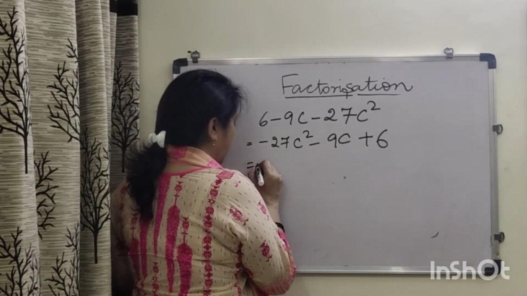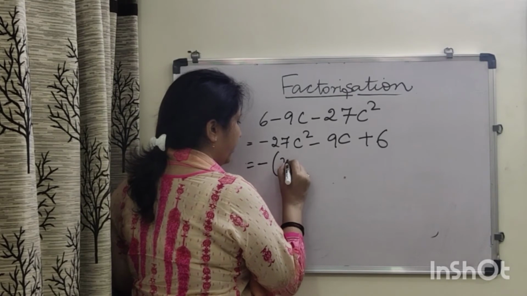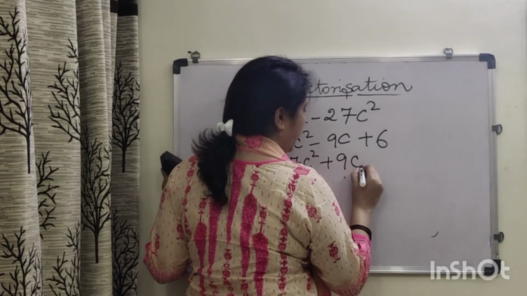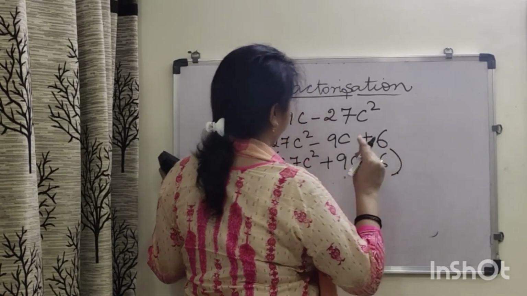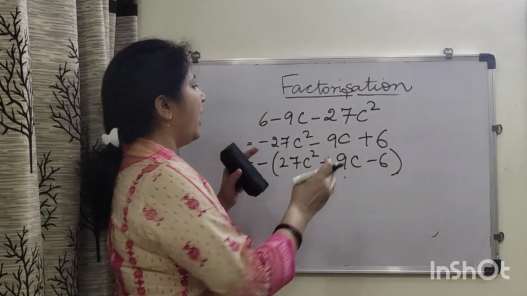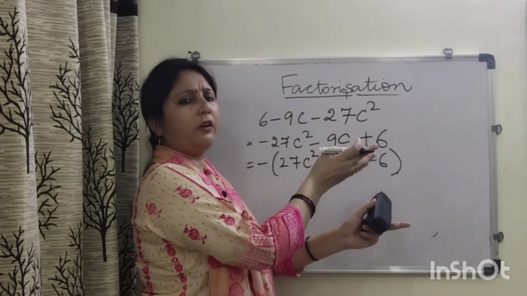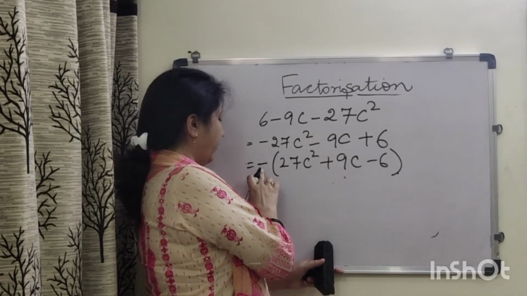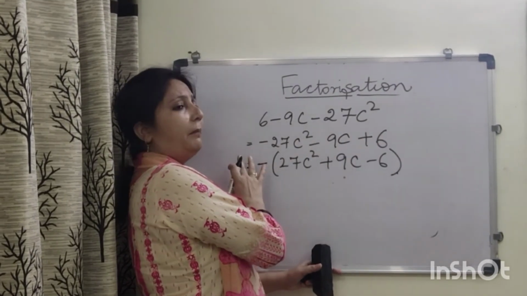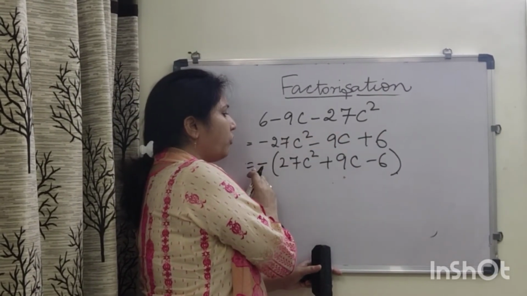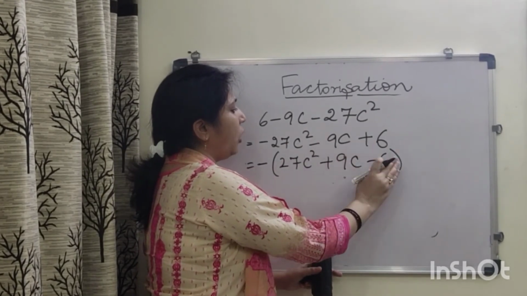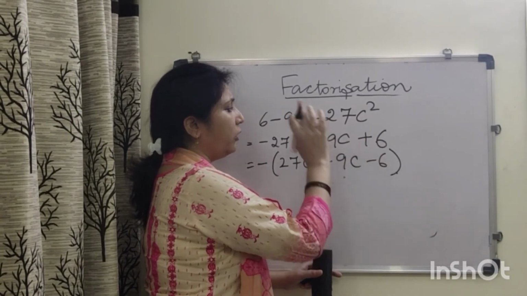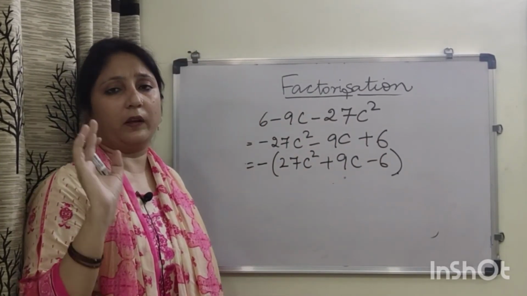So if we take minus common, we are left with 27c square plus 9c minus 6. What we have done is written the given expression in reversed manner, and as a was negative, I have taken minus overall common, and when you take minus overall common, it will change all the signs. Like it has changed the sign of 9c, it has changed the sign of the constant, that is 6.